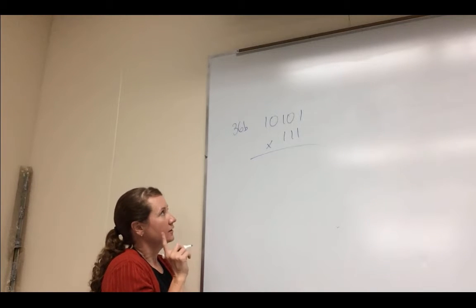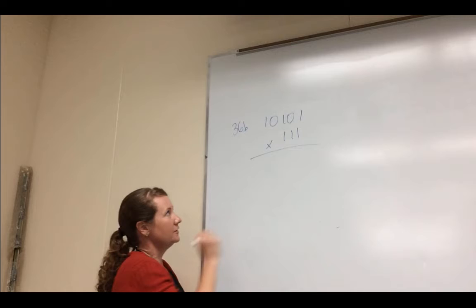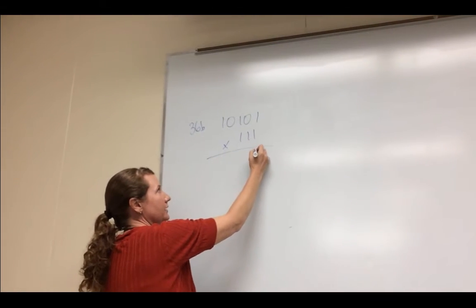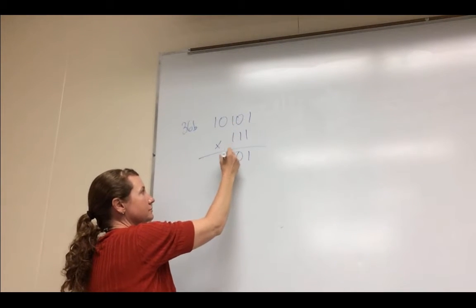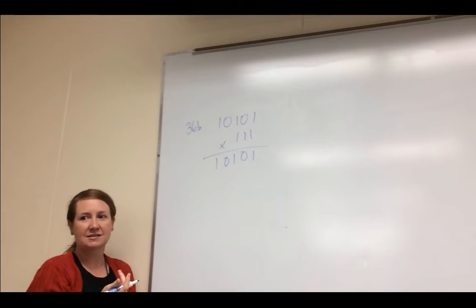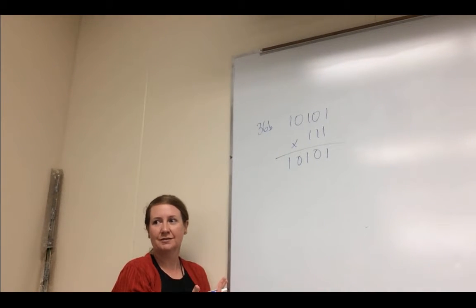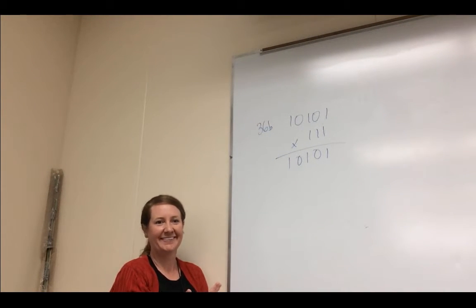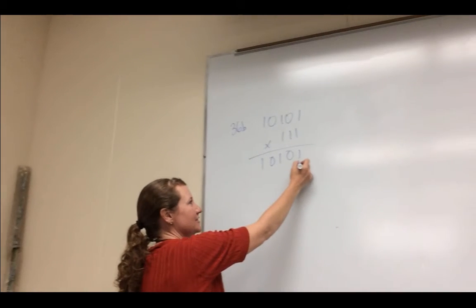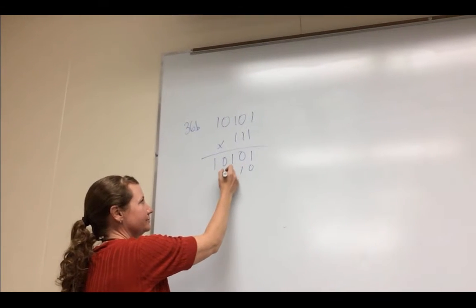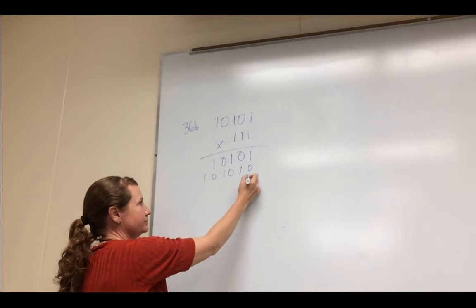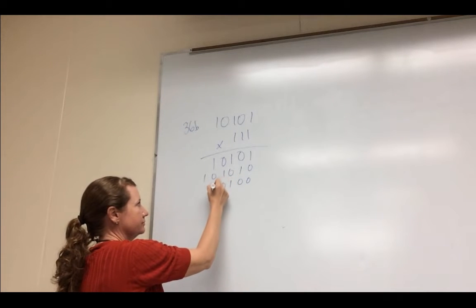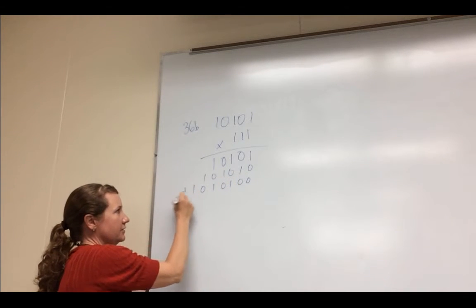So, two ways you can do it, right? You can just multiply it, which is actually pretty easy because we're just multiplying by 1 or by 0. So then remember to shift. And then you add them up.